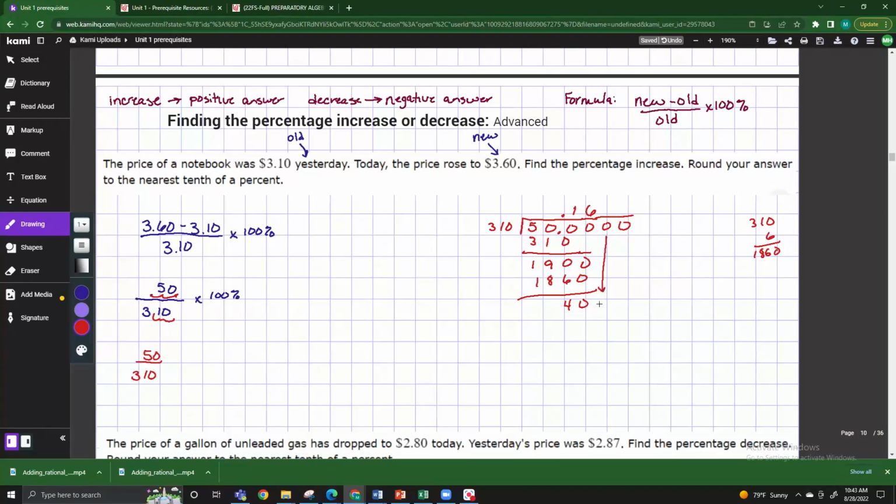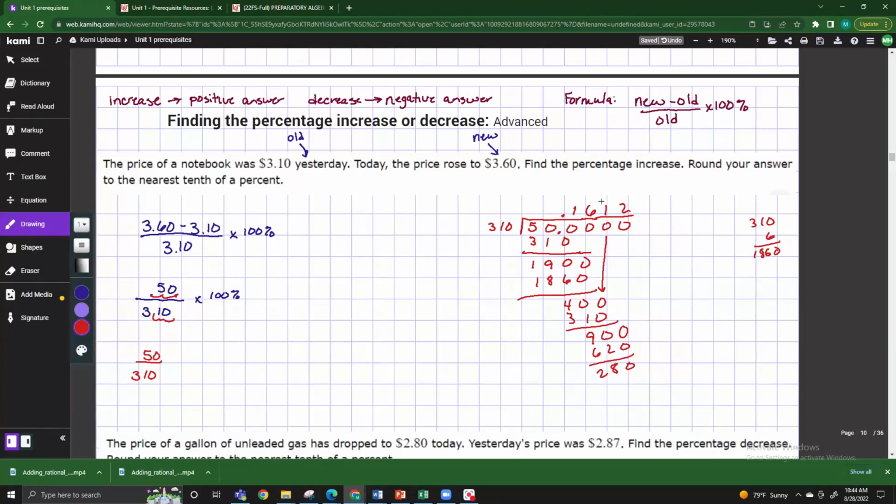This comes down. 310 goes into 400 one time. That gets me to 90. 310 goes into 90, not quite 3, but 2 times. And 620, which is going to be 280.